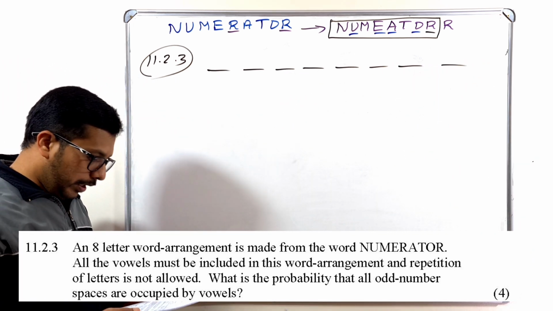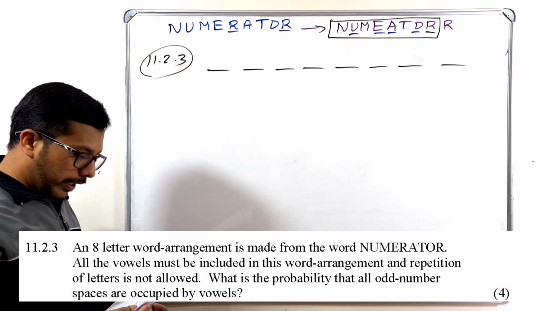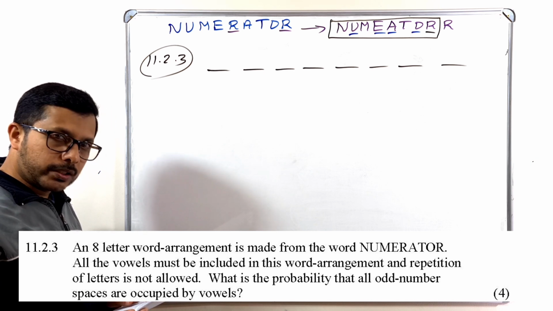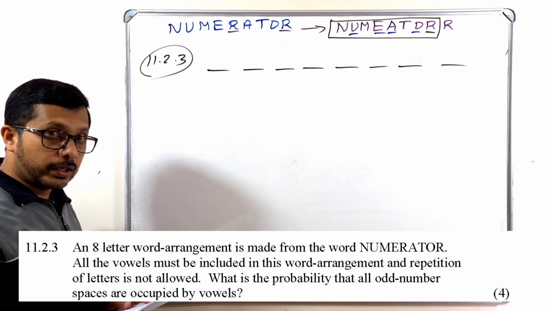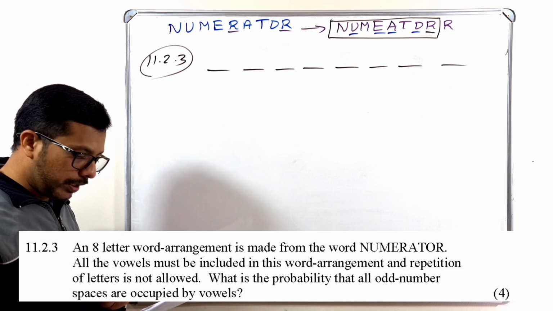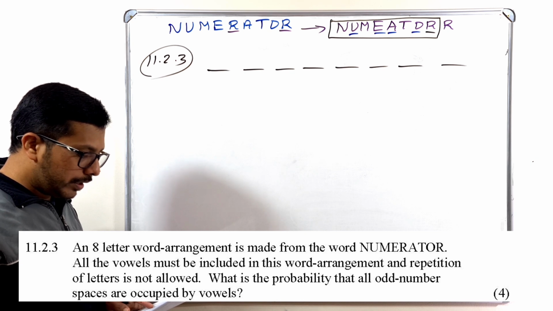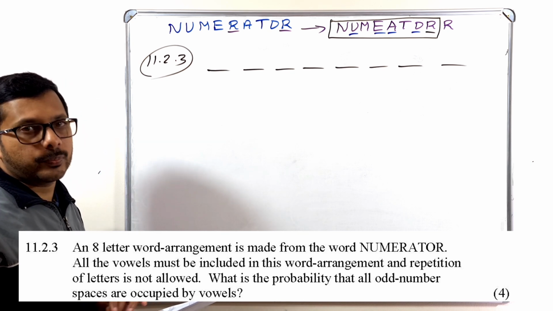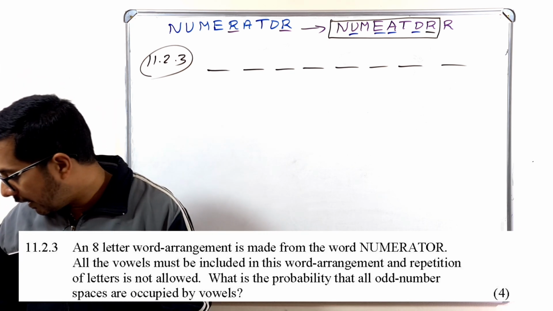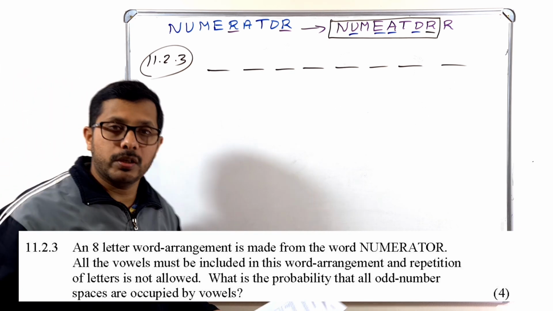Okay. Is made from the word numerator. All the vowels must be included. So underline that one. All the vowels must be included in this word arrangement, and repetition of letters is not allowed. Okay, so let me write that vowels and consonants separate.